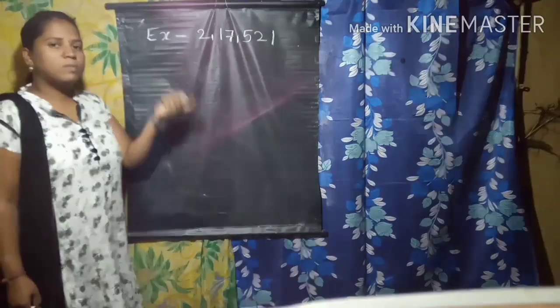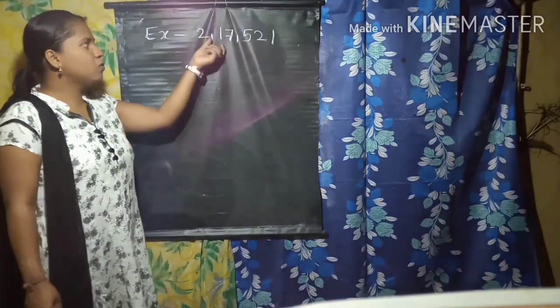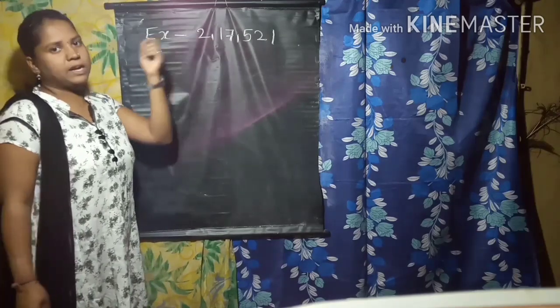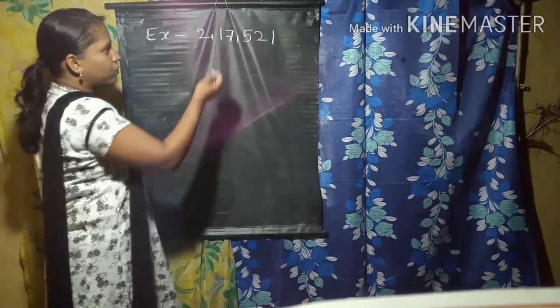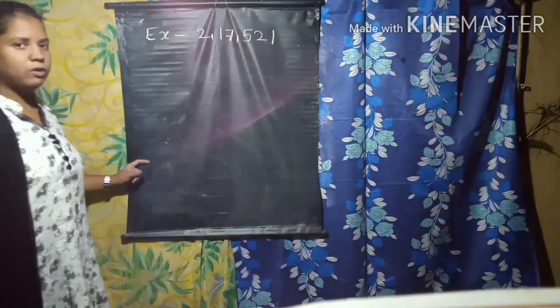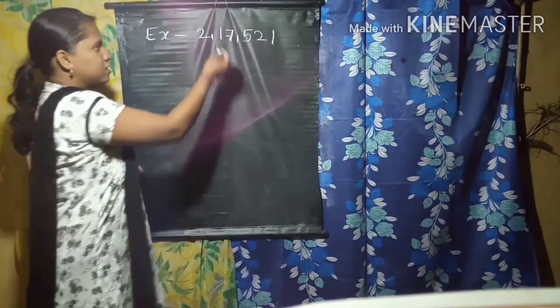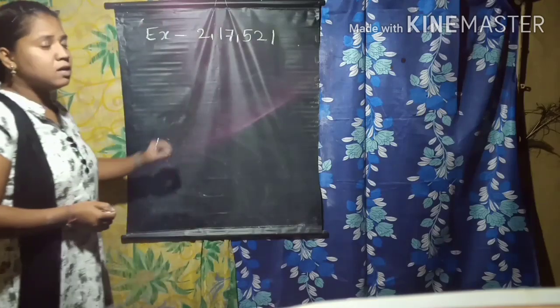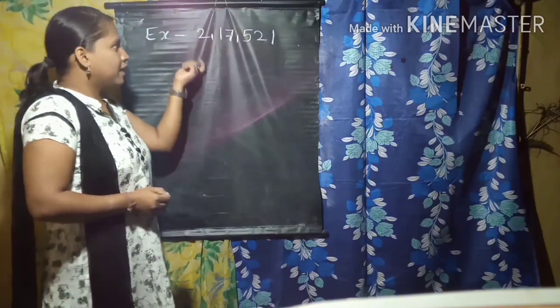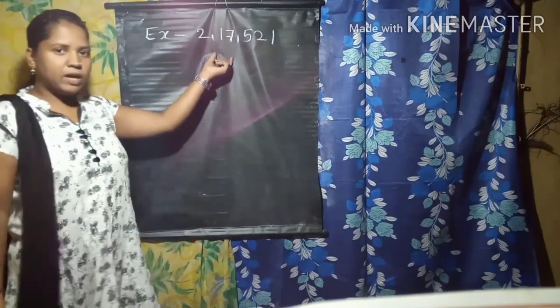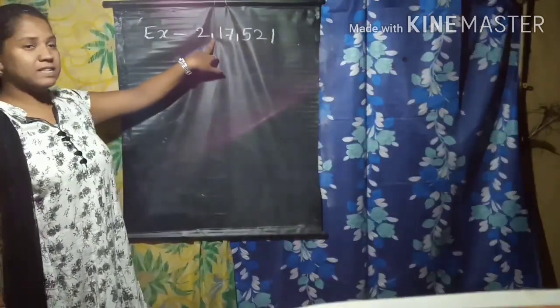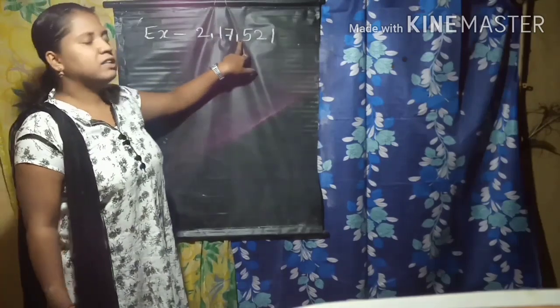Now let us take one more example to understand how to read the 6 digit number and how to write a 6 digit number. Already I told you the 6 digit number is divided into 3 periods: ones, thousand, and lakhs. While reading, we have to remove this comma and add the period name. This is lakh and this is thousand.